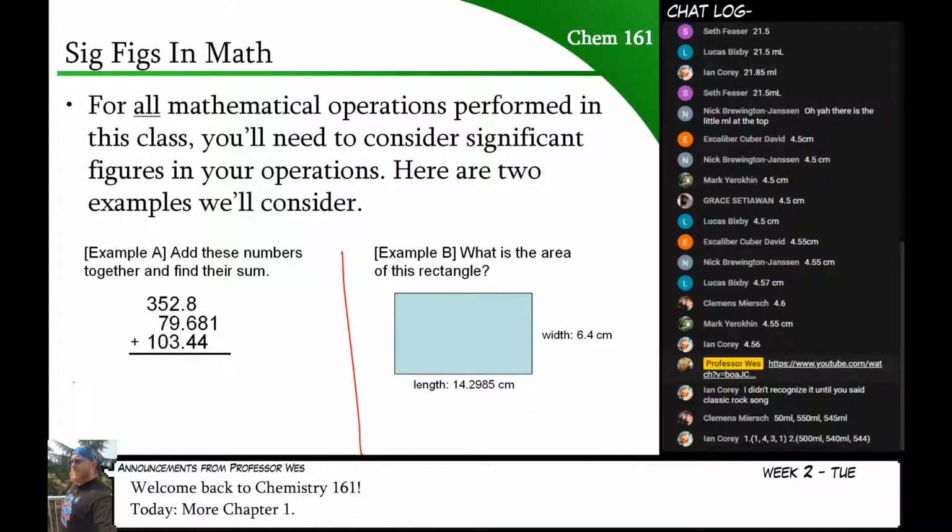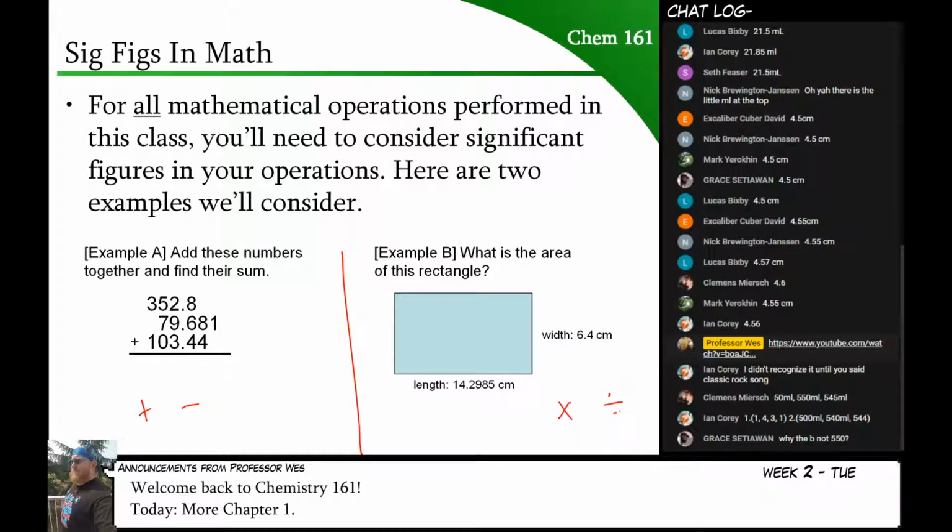And all of these types of operations have their own set of sig figs rules. So the first set of rules applies to addition and subtraction. The second set applies to multiplication and division. There are sig figs rules for logarithms and exponents independently. But we're not going to worry about that in this class, and you probably won't learn those in 162 or 163 either, because by that point we don't care.